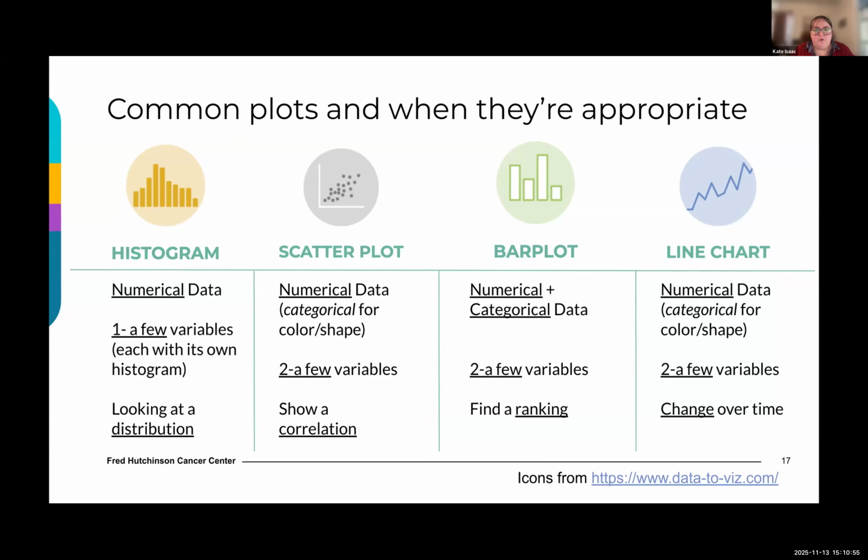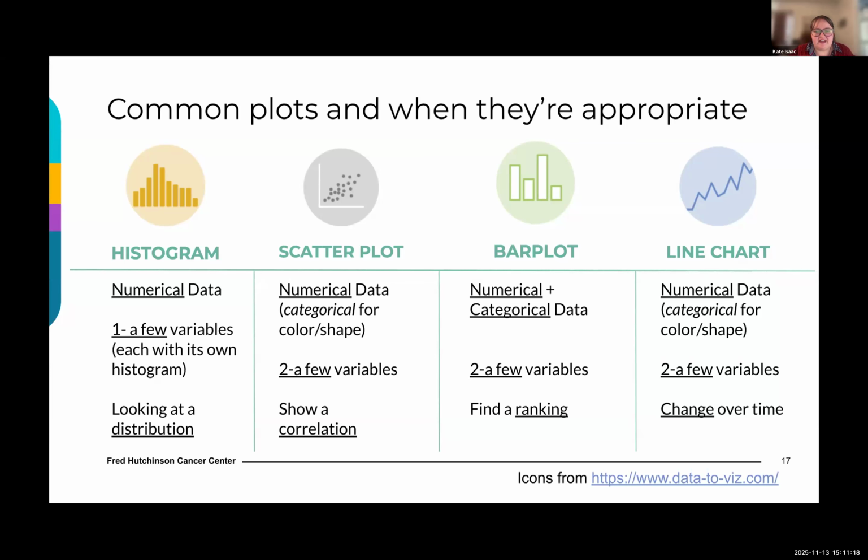For a bar plot, you're likely going to have a mixture of numerical and categorical data. And you're going to have at least 2 variables, one for the categories along the x-axis, in this example here, and one for the values or the height of the bars, which is numerical data on the y-axis. And bar plots are often used to find a ranking across the categories.